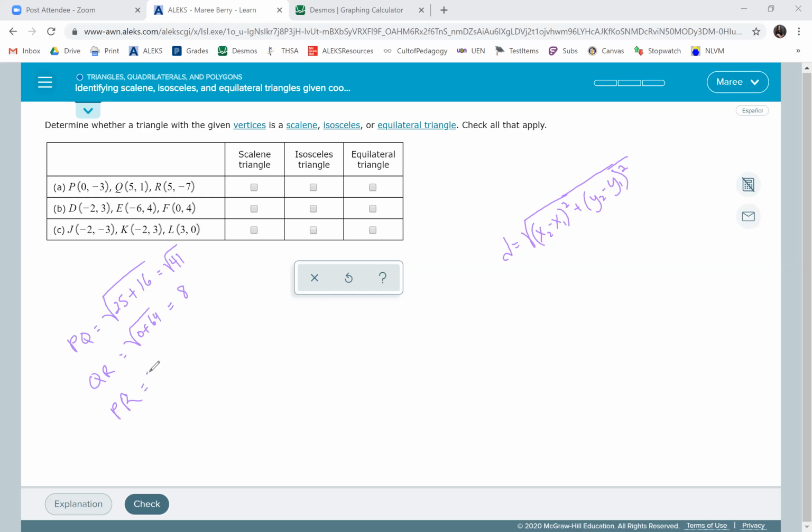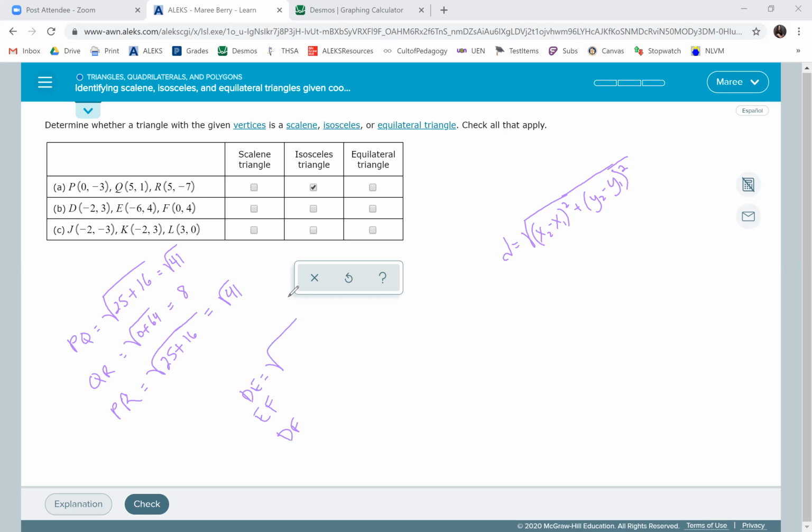And then PR, the x's are 5 apart, so that's 25, because you square it, plus -3 to -7 is 4 units, 16. So PQ and PR are the same. So this is isosceles.